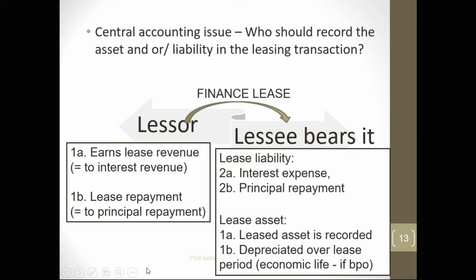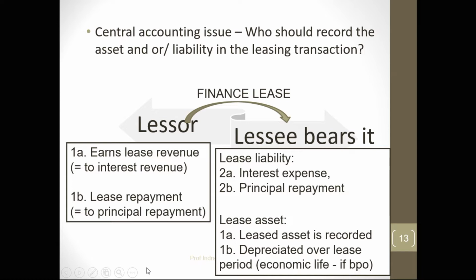So we would record the lease asset and then depreciate the asset over the lease period. If there's a bargain purchase option, there's a possibility that the lessee will hold the asset for its economic life. So therefore, we depreciate the asset over economic life.